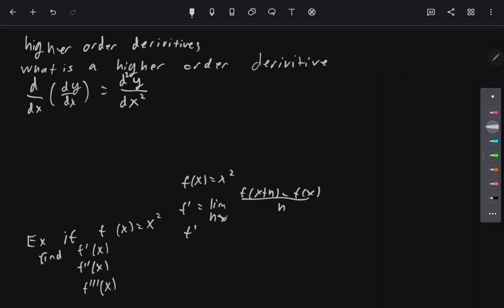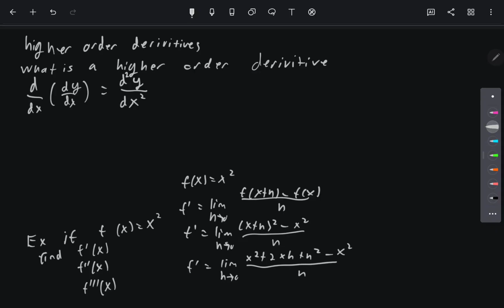F prime is equal to the limit as h approaches 0 of (x plus h) squared minus x squared, all over h. Well, that just evaluates down to the limit as h approaches 0 of x squared plus 2xh plus h squared minus x squared, all over h.